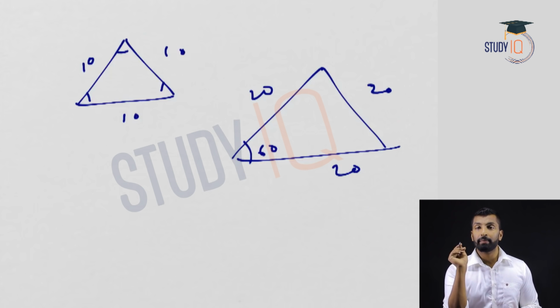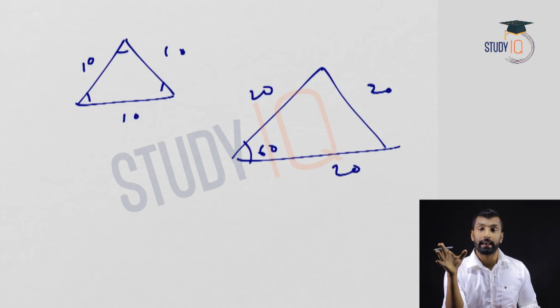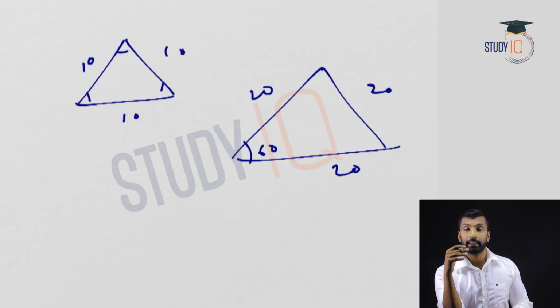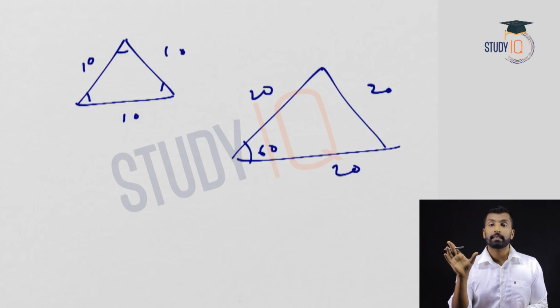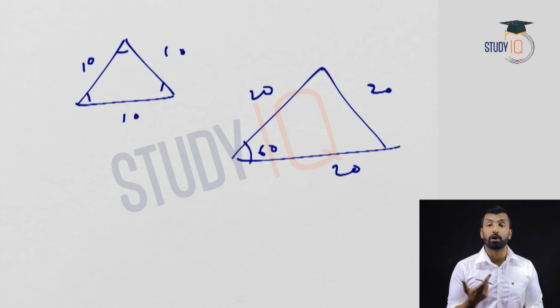See, congruent triangle means the length and the angle should be equal in all cases. Everything should be equal. It's like identical twins. You take 200 rupee notes, both are exactly the same, right? You take two 50 rupee notes, both are exactly the same. So that's what you call congruency. Congruency means angle as well as length should be the same.